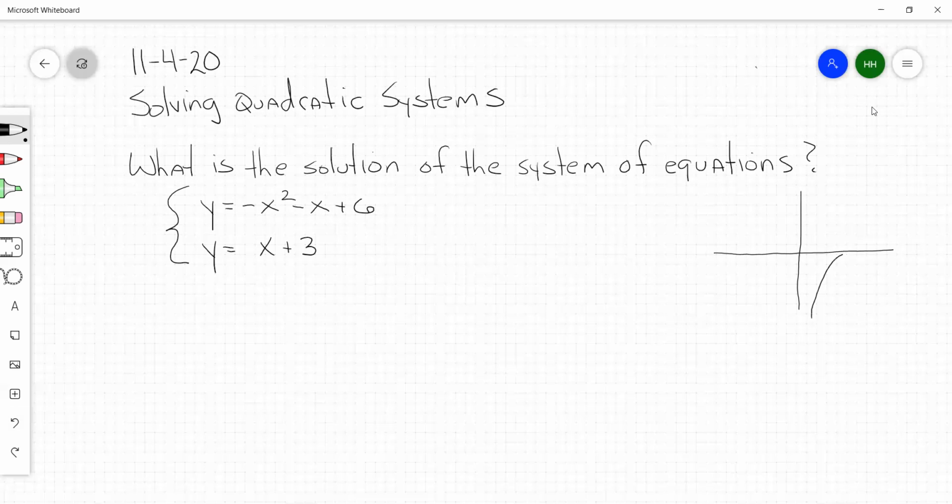So you may have something that looks like this. And then your line is going up and to the right, and it hits y at positive 3. This is probably a bad example I'm giving you here. So let's just solve this thing.